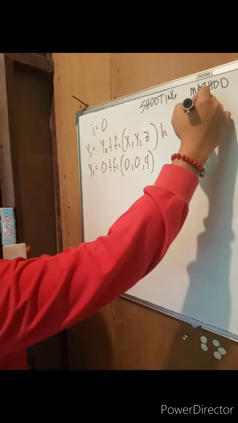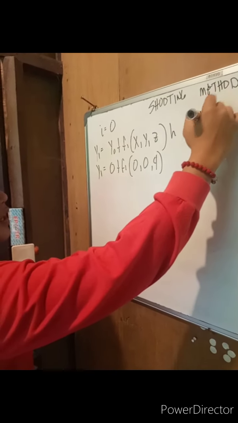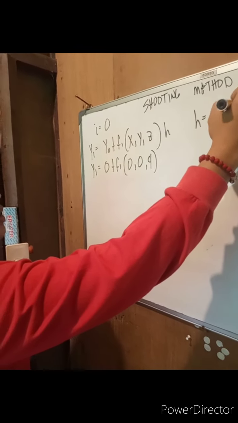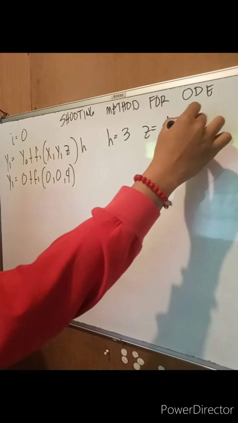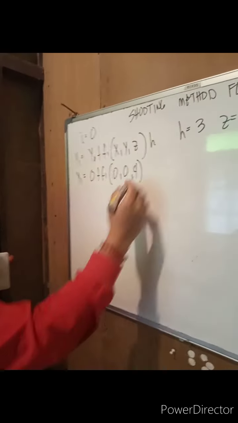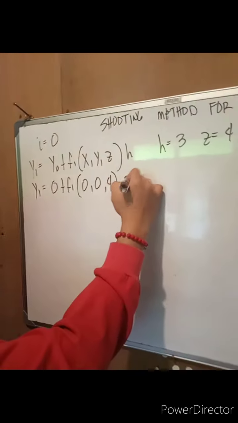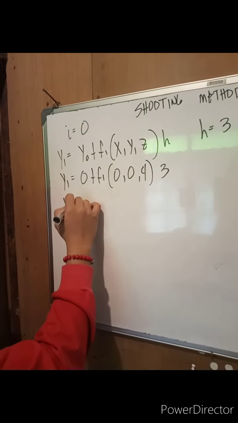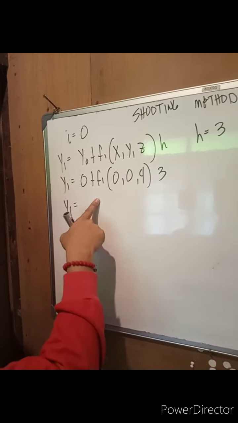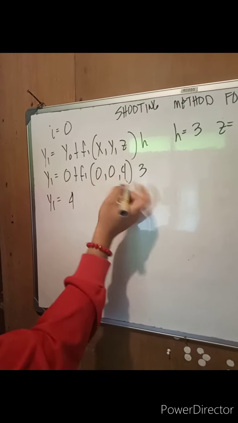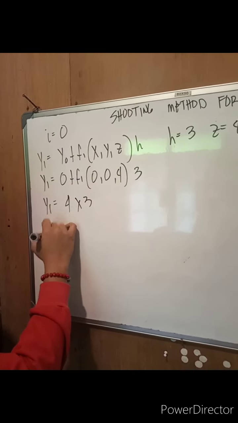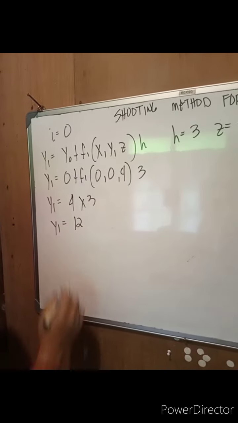Sabi nga siya dito, di ba? Ang height natin is 3, and ang z natin is 4, y natin is equal to 0. So, maging yan, times natin yung height natin na 3. So, function ng z dito is 4, di ba? So, 4 times 3, y sub 1 is equals to 12.